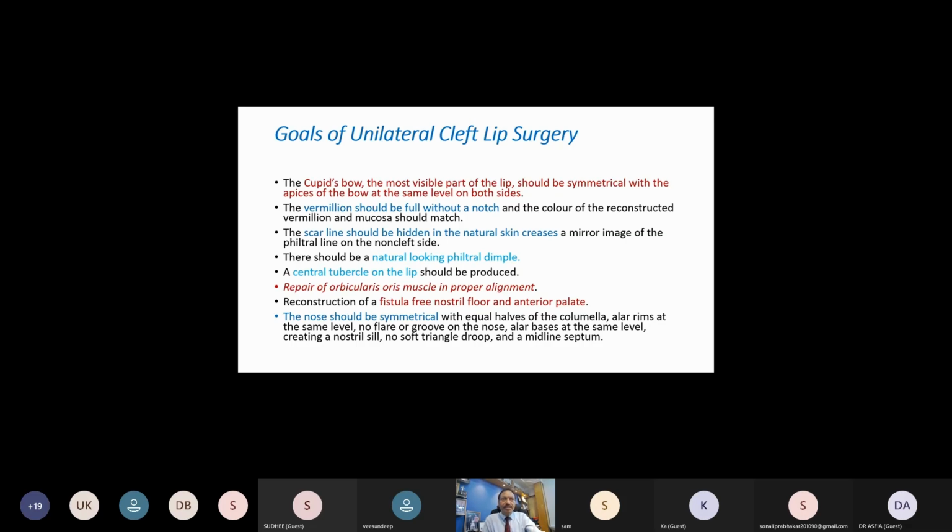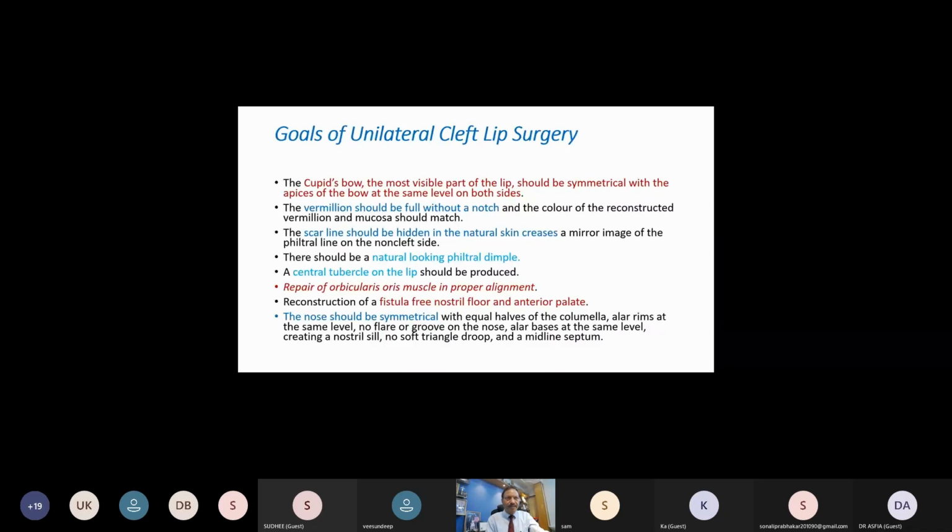And this is for Millard's. So there should be a new natural looking philtral dimple. A central tubercle of the lip should be produced. Repair of the orbicularis muscle in proper alignment is one of the most important elements of cleft lip repair. And reconstruction of a fistula-free nostril floor and an anterior palate.